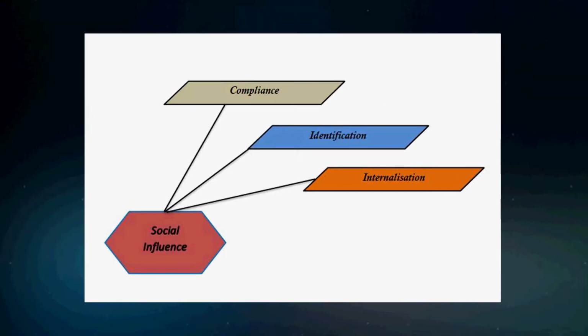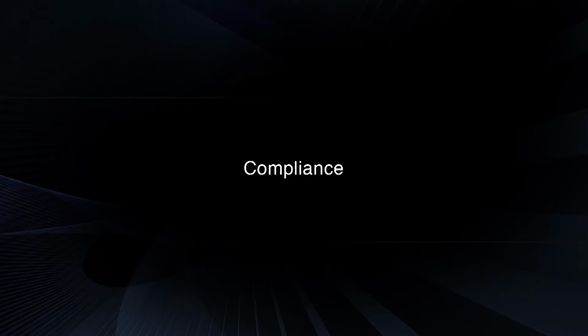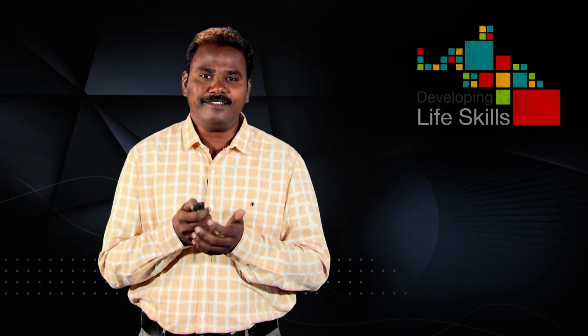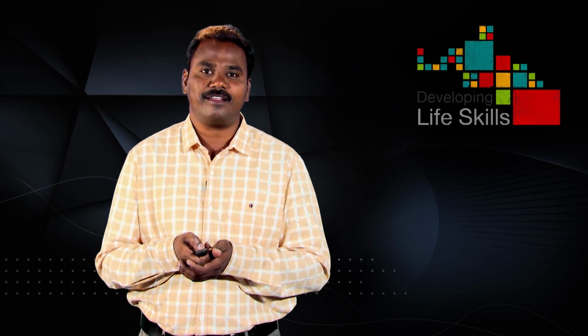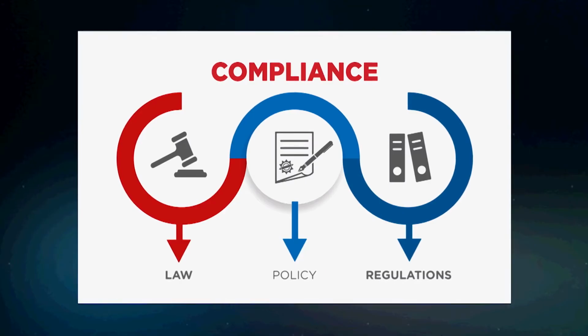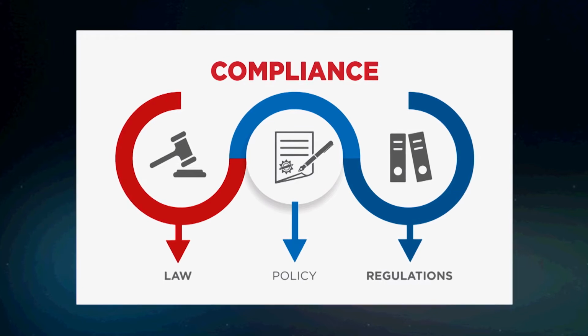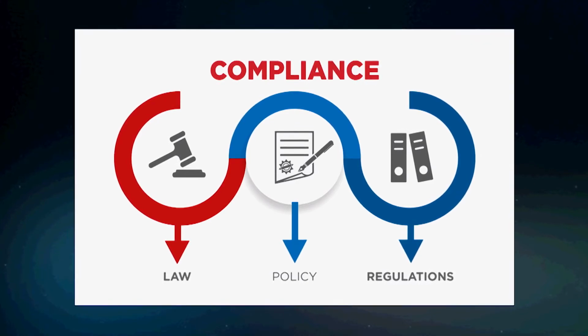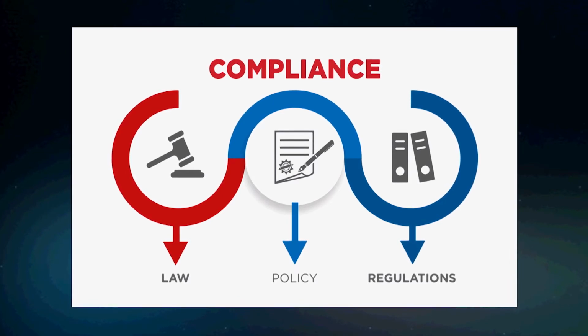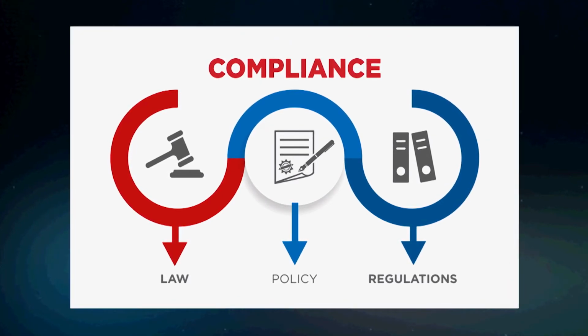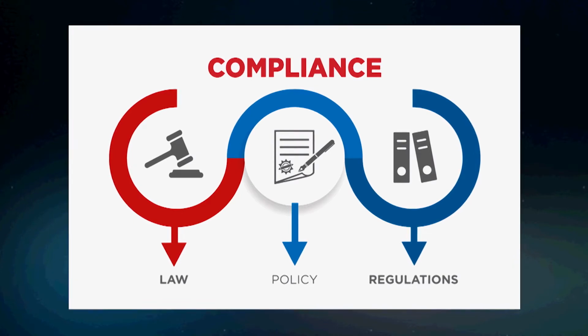That is why he came to a conclusion with the three processes of social influence as follows. The first is compliance. It is the act of positive response to external stimuli, especially to the requests offered by others around us. There may be a change in behavior due to this social influence process, but not necessarily in attitude.